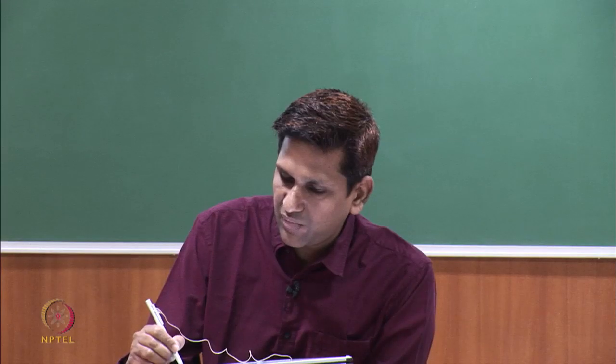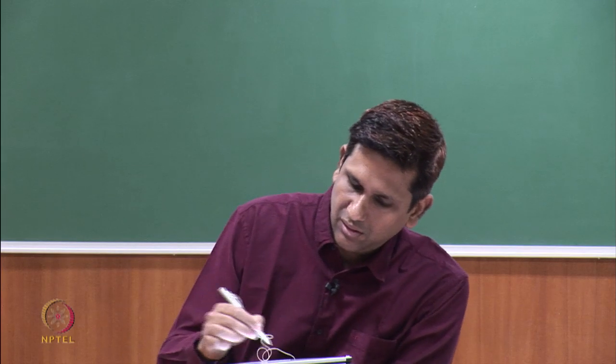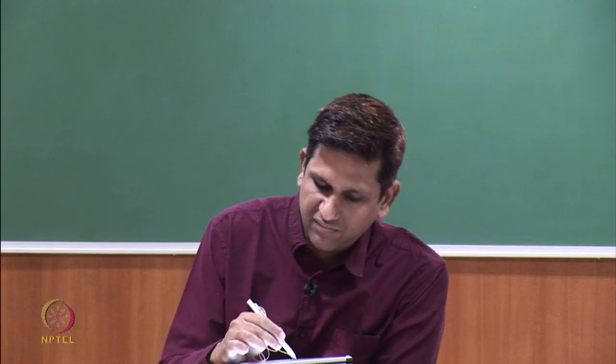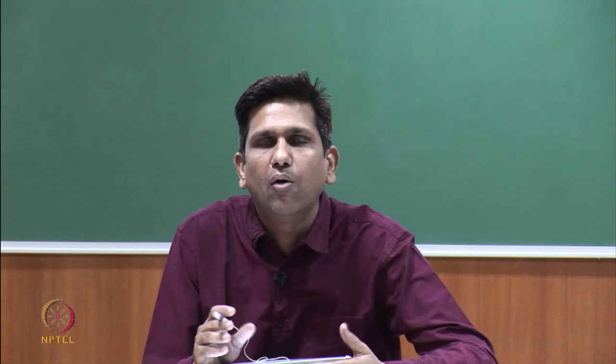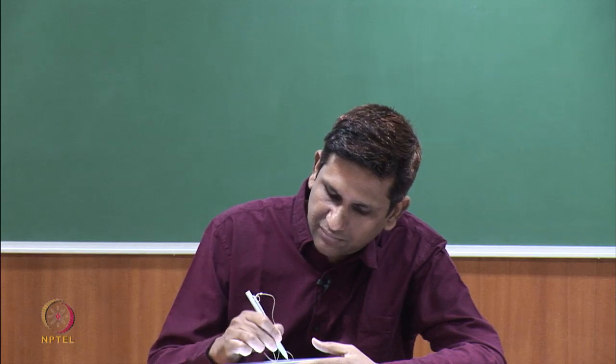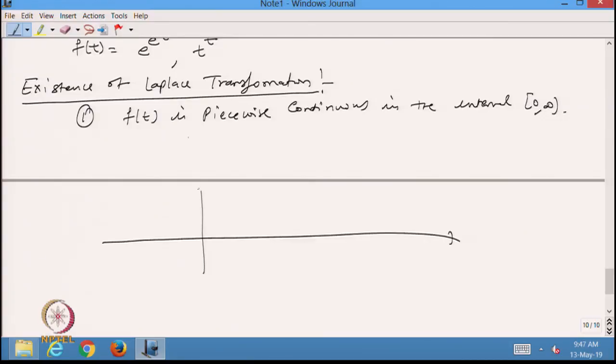It means that my function, so let us define one function, is continuous but in pieces in the whole interval from 0 to infinity. Suppose I have some function, this is my t axis and this is my f(t).